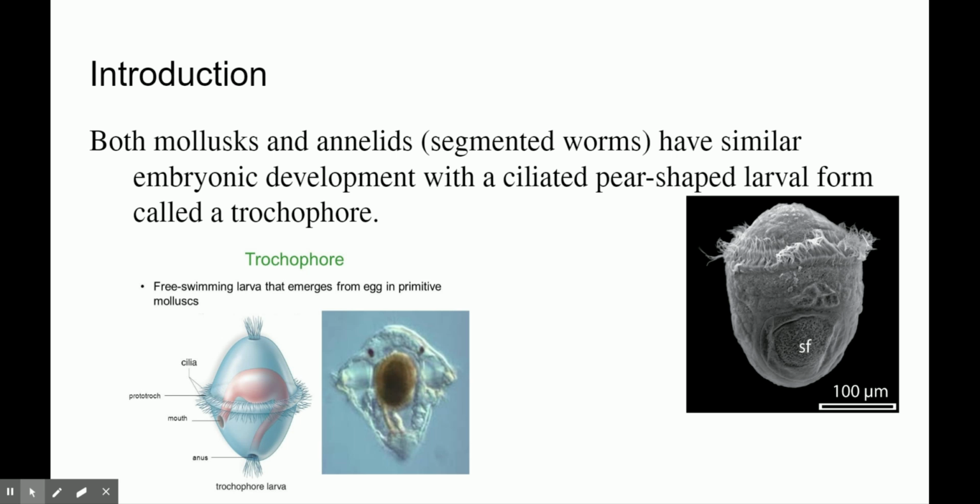The phore means the bearer of or the bringer of, and trocho actually means wheel. So if you see that dark center in the middle of that little larva there, that is what we were talking about, that wheel bearer. Just my little nerdy introduction for you guys.